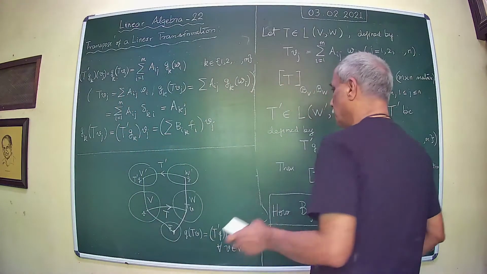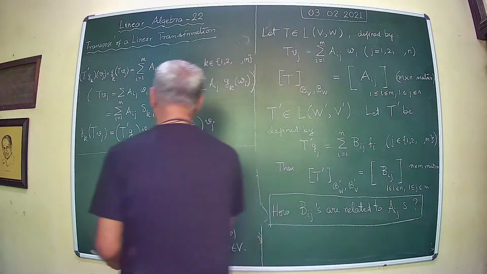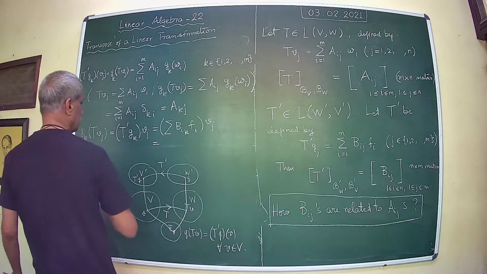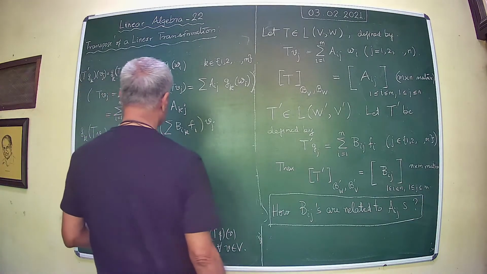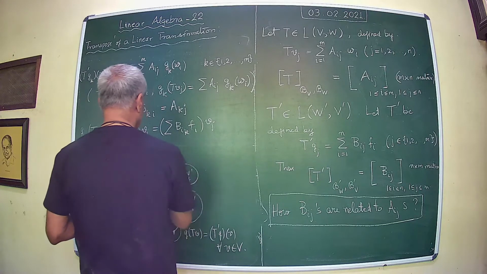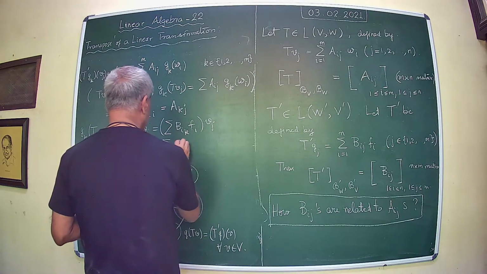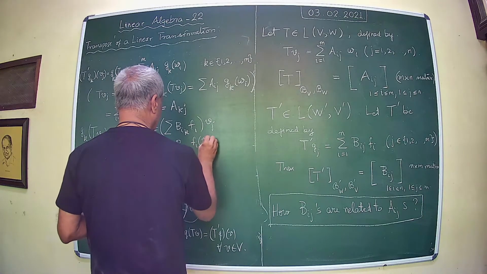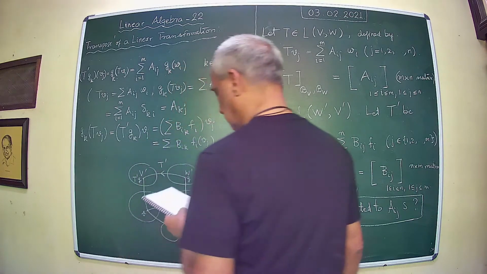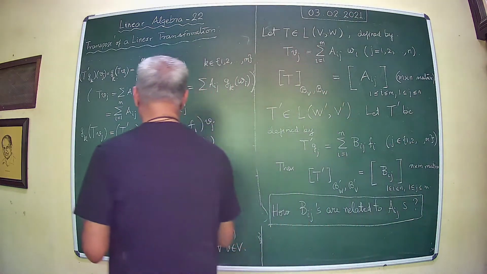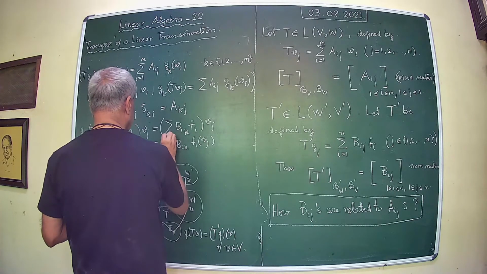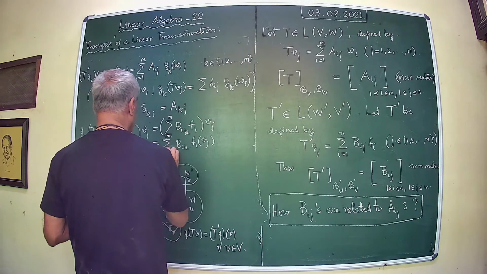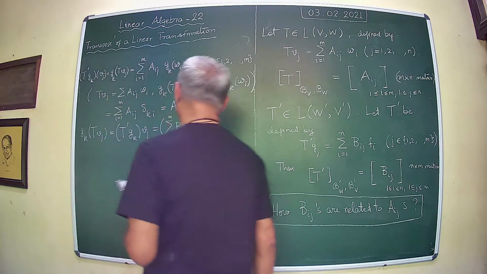Therefore, if you compute this is equal to sigma Bik Fi of Vj. Then of course we have from here the summation is from I equal to 1 to m.